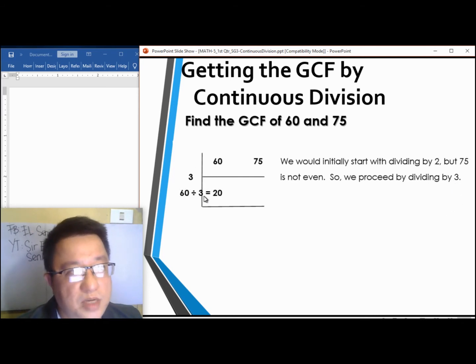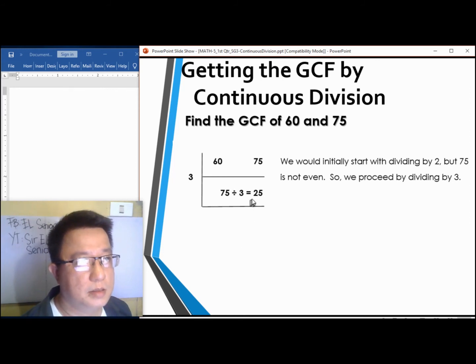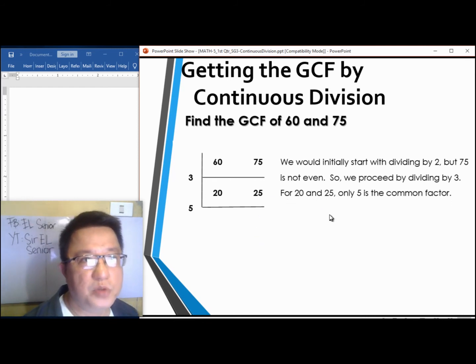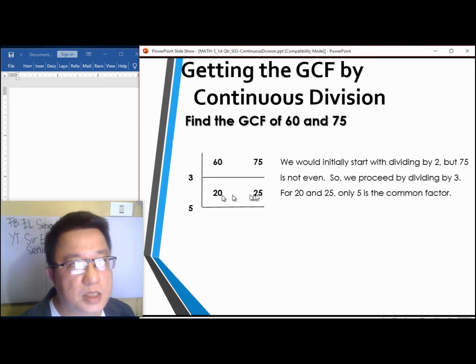So 60 divided by 3 is equal to 20. And 75 divided by 3 is 25. So we write here 20 and 25. And the common factors for 20 and 25, if you recall our lesson with divisibility, this one ends in 0 and 5.